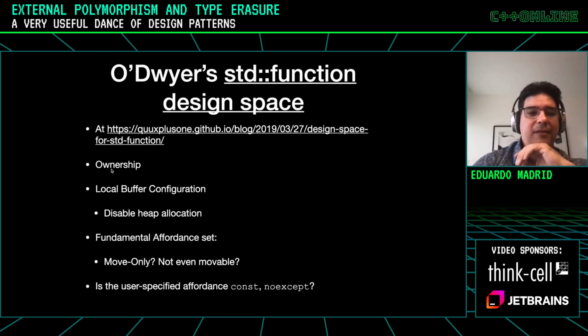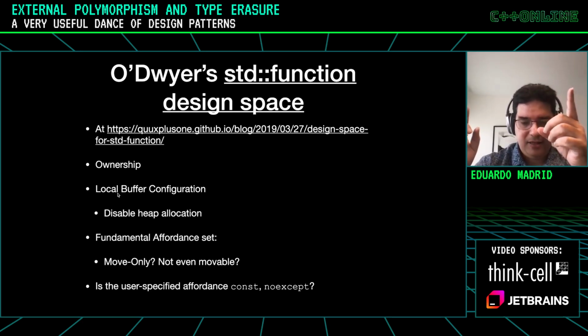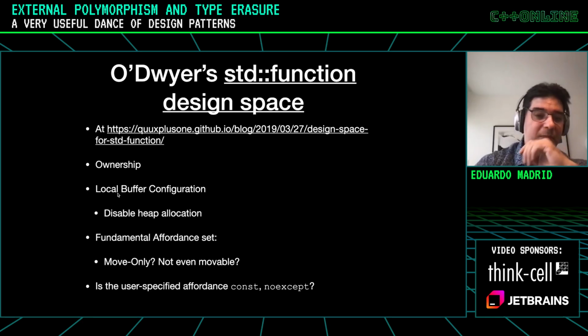One of them is considerations about ownership, the local buffer configuration, like what I was telling you about the size of the so-called small buffer optimization and its alignment, whether you're going to altogether disable heap allocation and make it a hard compilation error if you try to use it with types that would require allocations. What is the fundamental affordance set? Are we going to be move only, not even movable perhaps?